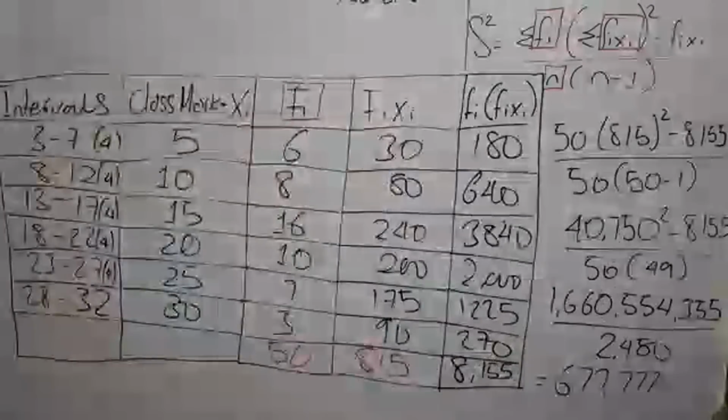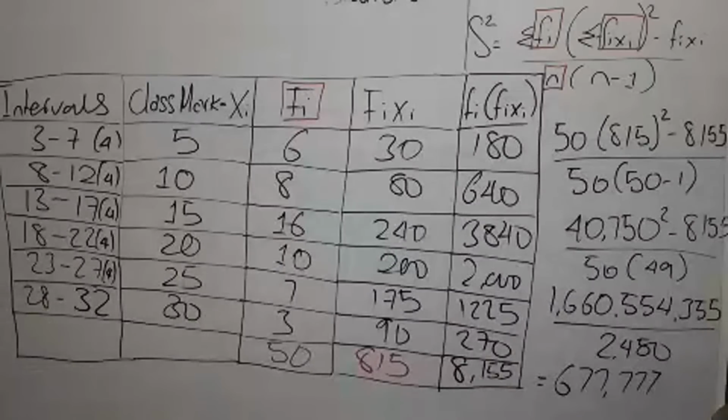Since this is not up to 5, I have 0.28. If I should approximate 8 to 1, 1 is up to 5. So just leave it at this.